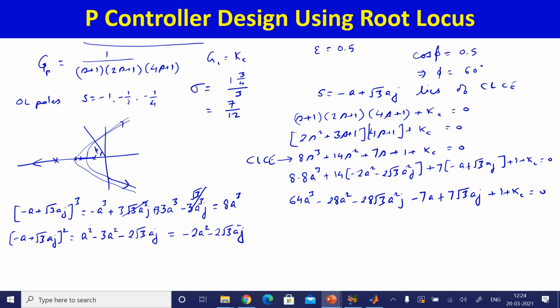Okay. And so the real part is 64a cube minus 28a square minus 7a plus 1 plus kc is equal to 0, and the imaginary part is plus aj into 7 square root 3 minus 28 square root 3 a, and this must be equal to 0.